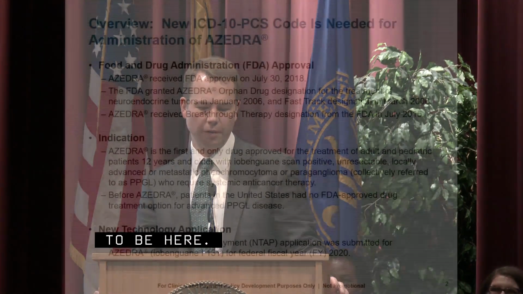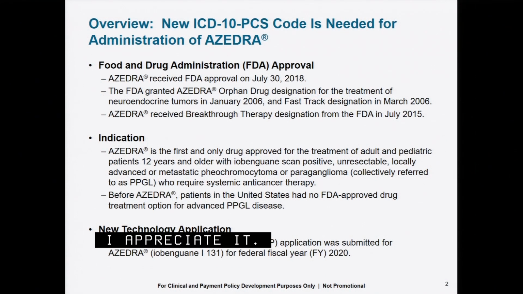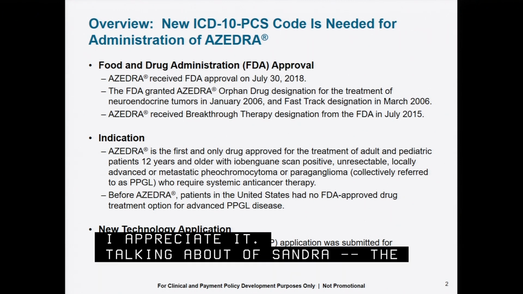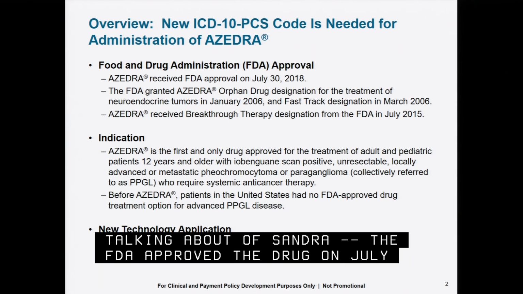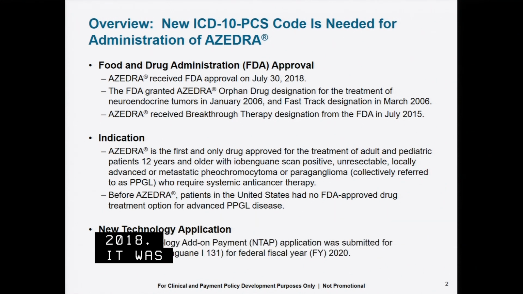So, talking about AZEDRA, the FDA approved this drug on July 30th, 2018. Prior to that, it was granted orphan drug and fast track designation in 2006 and breakthrough therapy designation in 2015.